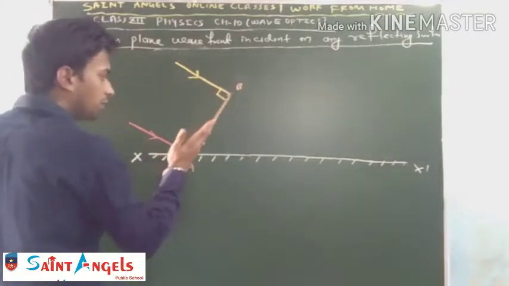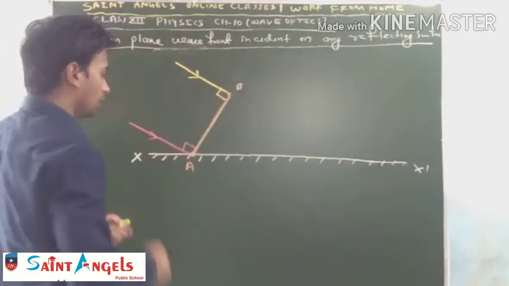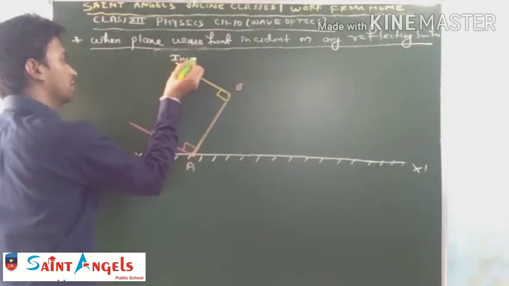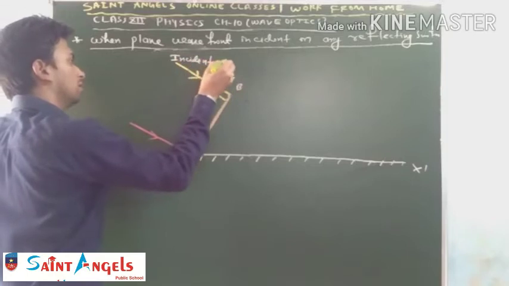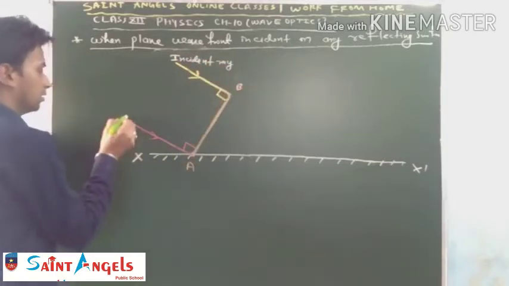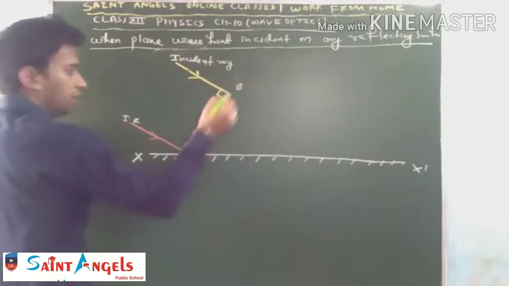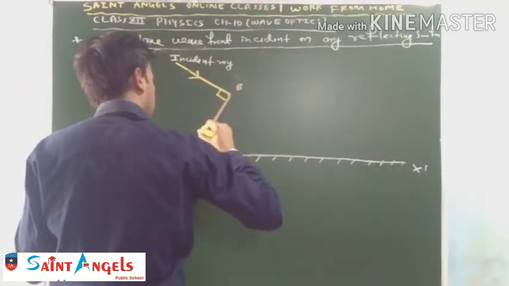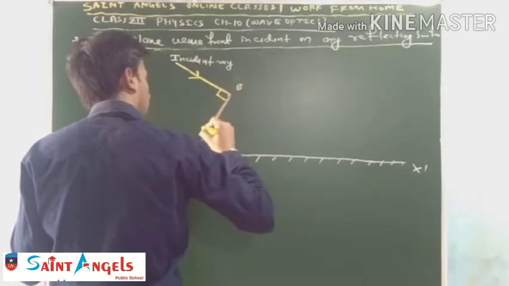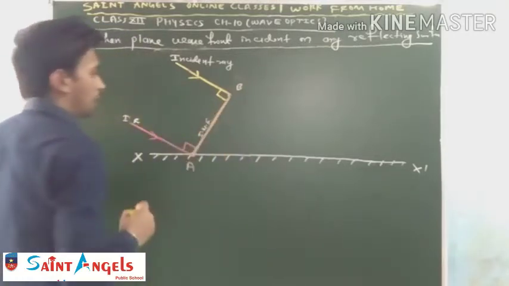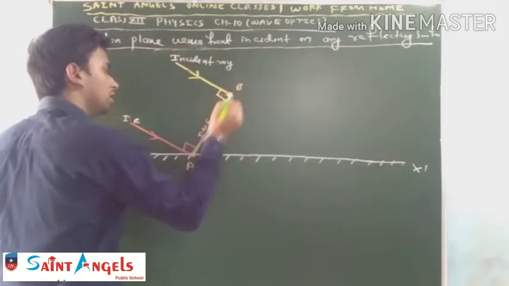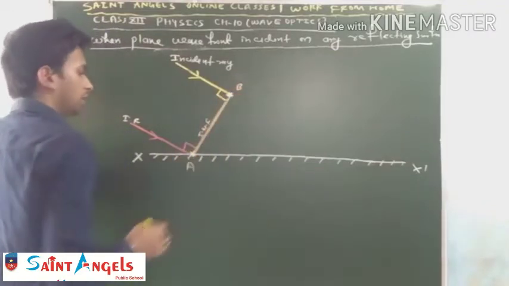Actually this wavefront consists of infinite numbers of rays. These are incident rays, and AB is an incident wavefront, which consists of infinite number of particles.